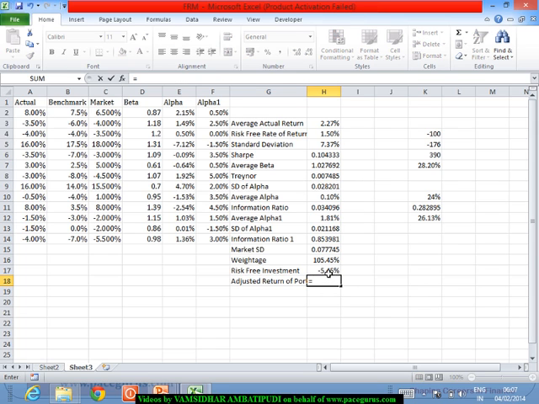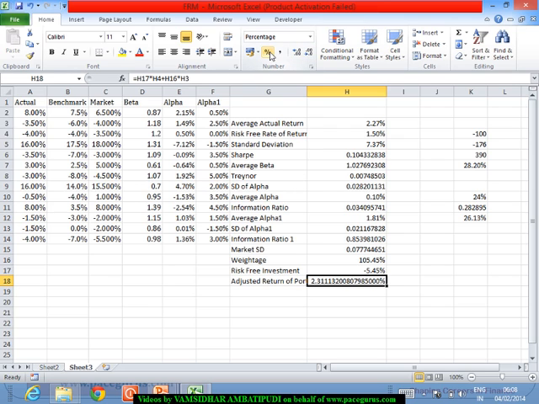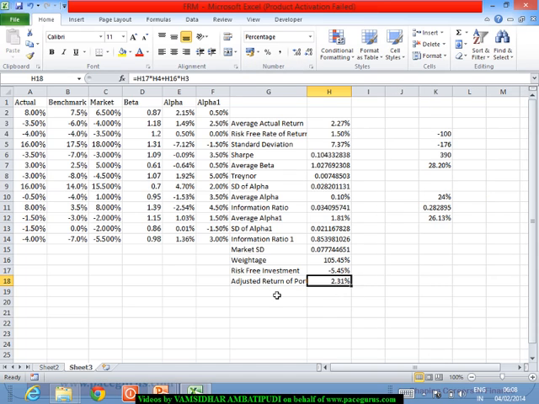So this much is invested in the risk-free asset, so you'll get the risk-free rate of return, and this much is invested in the risky asset, which will give you this much return. So the adjusted return of the portfolio for us is going to be around 2.31%. This is the adjusted return on the portfolio using this mechanism, and based on this I can even find out the market return, the average market return.